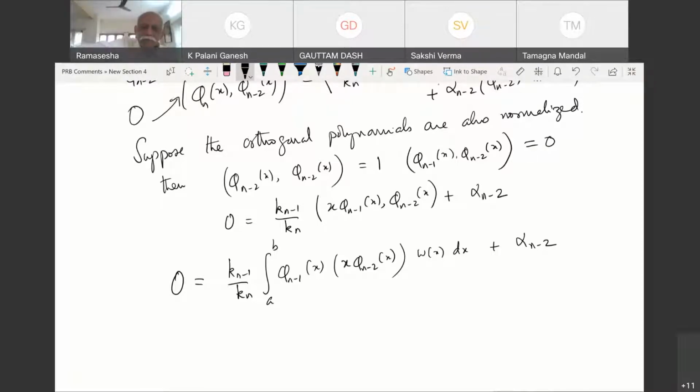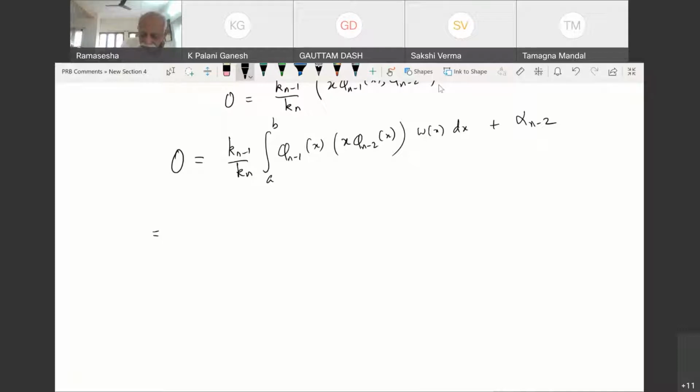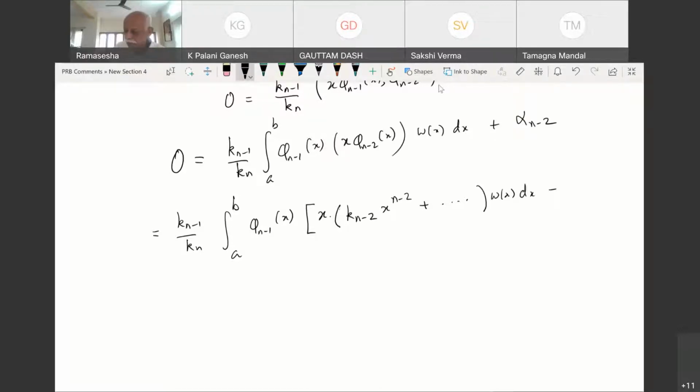I get this to be equal to Kn minus 1 times the integral from a to b of Pn minus 1 x times x into Kn minus 2 x to the power n minus 2 plus various things x to the n minus 3 and so forth until the constant, w x dx, plus alpha n minus 2.